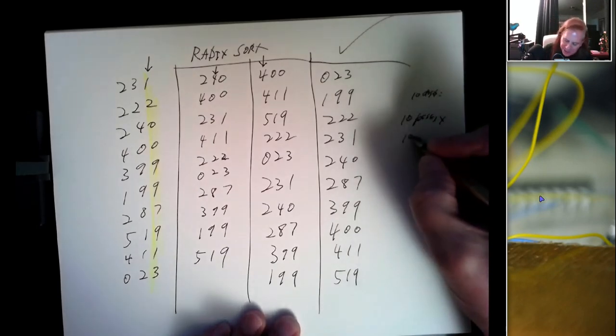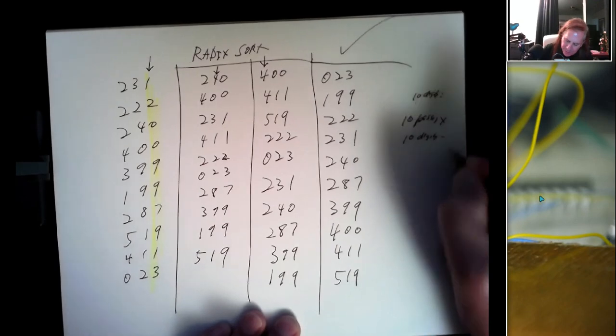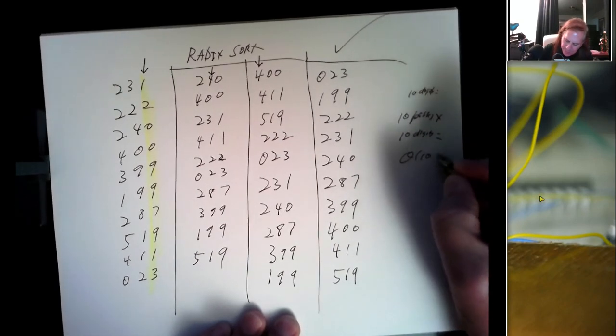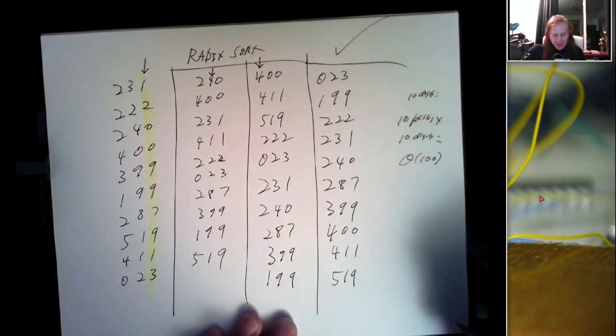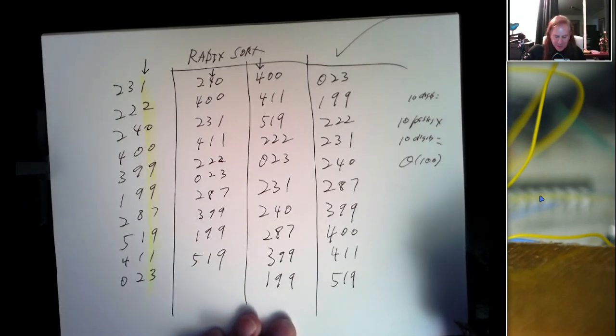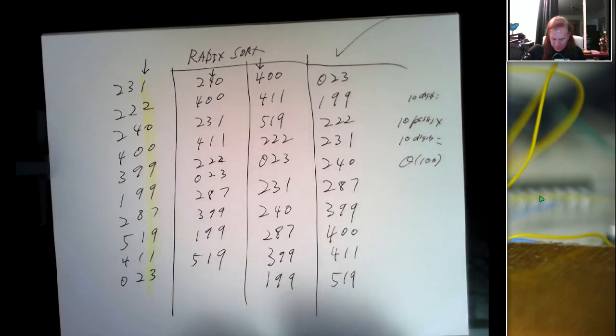So let's say 10 digits. Well, that's order of 100 times n.